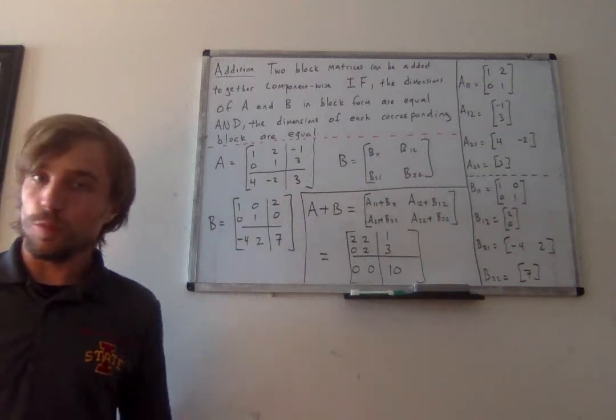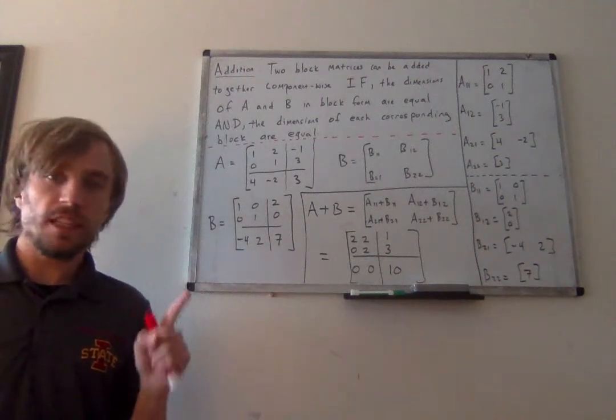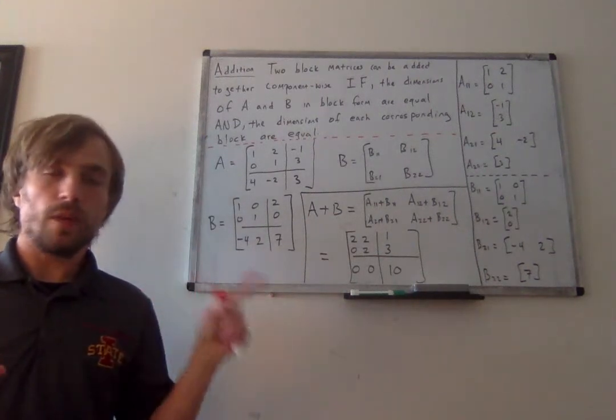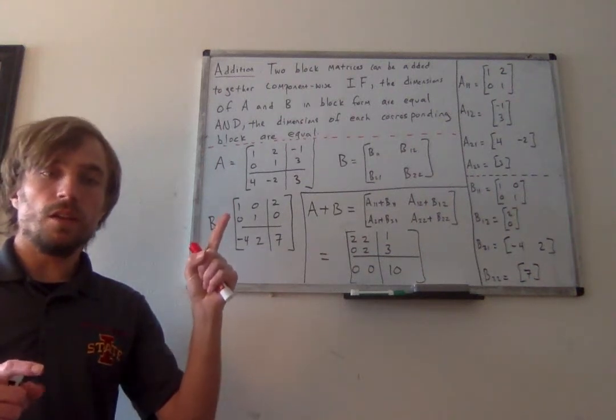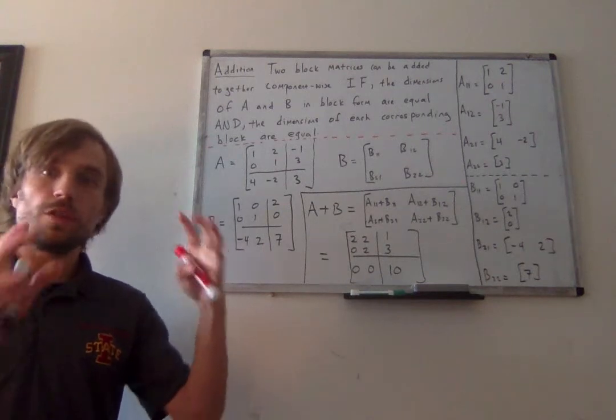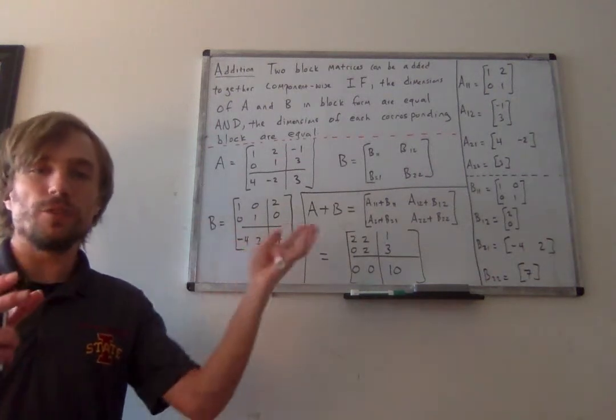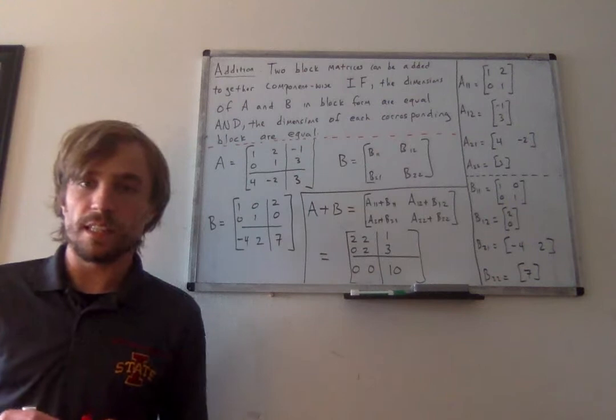So we can also multiply block matrices basically in the exact same way that we add them, in that we're going to work with the blocks, and we do it on two levels just like we do addition. So I figured we'd look at an example of that next.